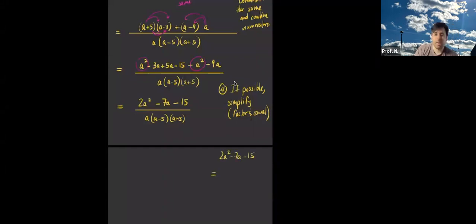And can anyone tell me how to break this down? 2 times negative 15 is negative 30. What two numbers multiply to negative 30 but add to negative 7? One of them has to be negative, the other one has to be positive. Anybody got that?